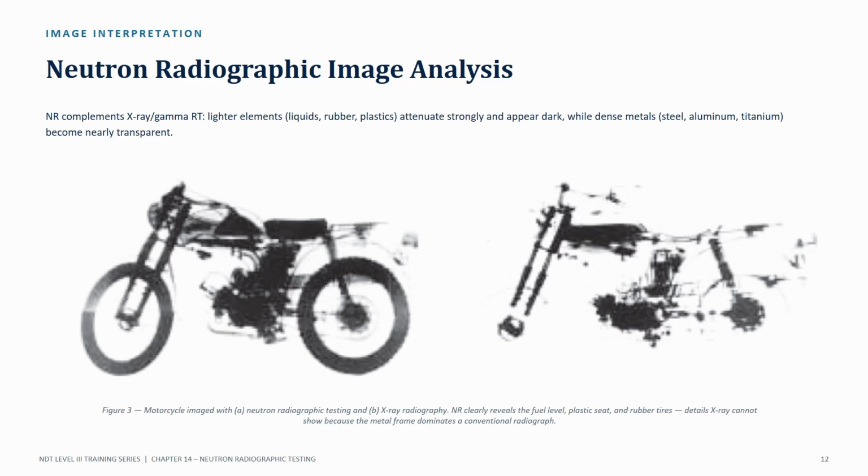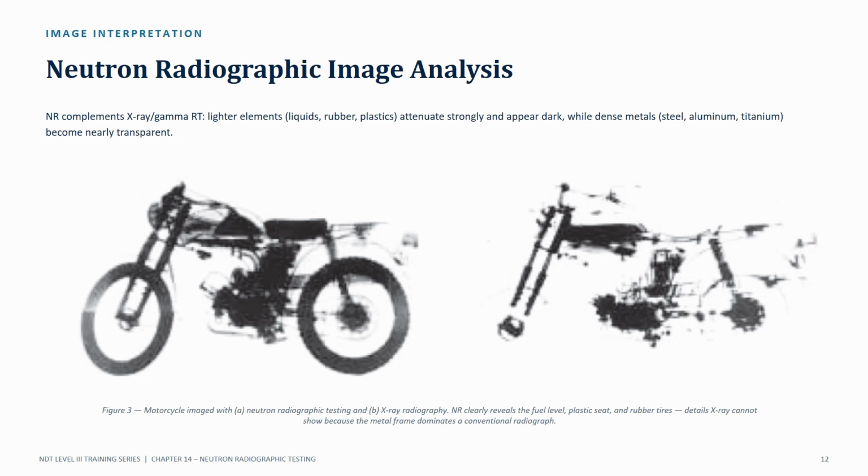Now compare that with the conventional X-ray radiograph on the right. Here, the metallic components dominate the image. The engine, frame, suspension, wheels, and other structural metal parts are displayed with excellent clarity because X-rays are strongly attenuated by dense materials.